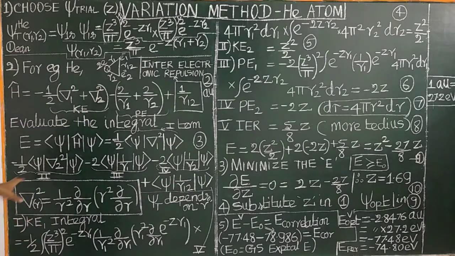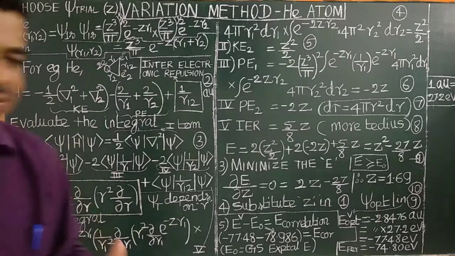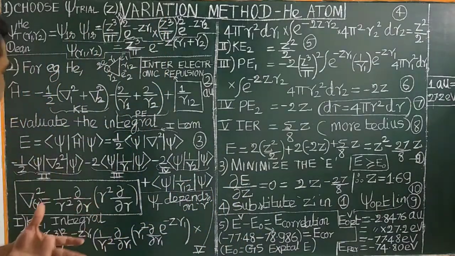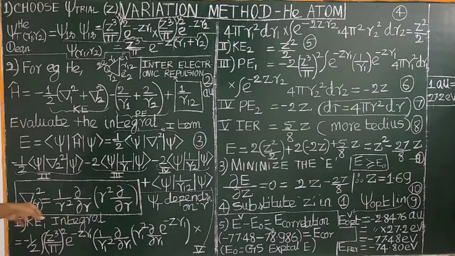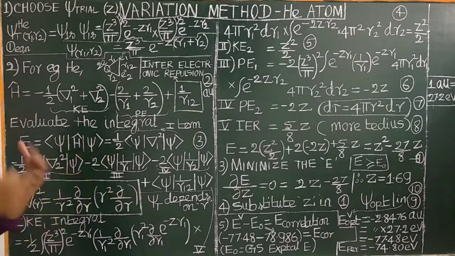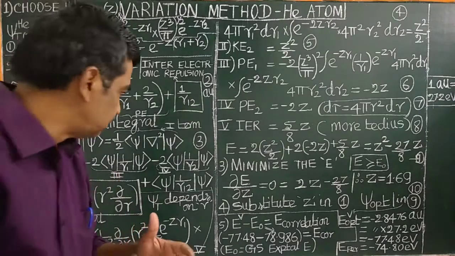The del square is the Laplacian operator. It is expressed in spherical polar coordinates. In spherical polar coordinates, it is 1/r² ∂/∂r (r² ∂/∂r), plus you will have a theta term and a phi term.